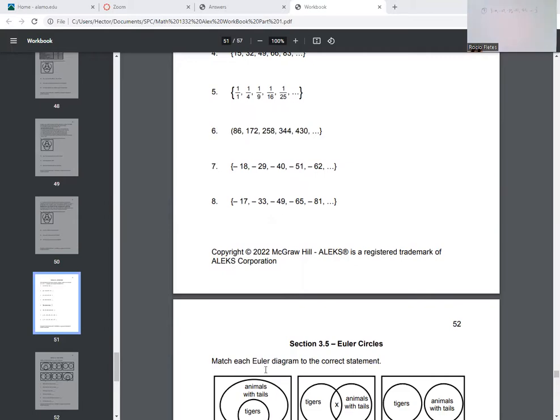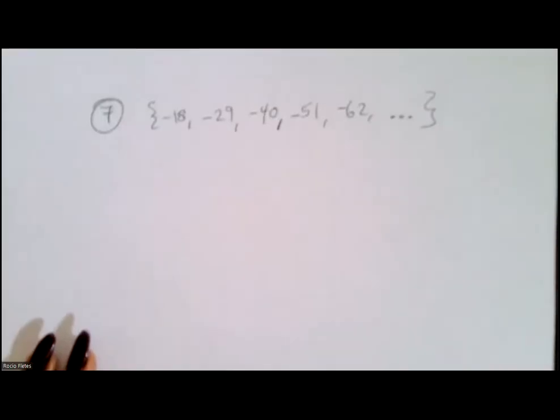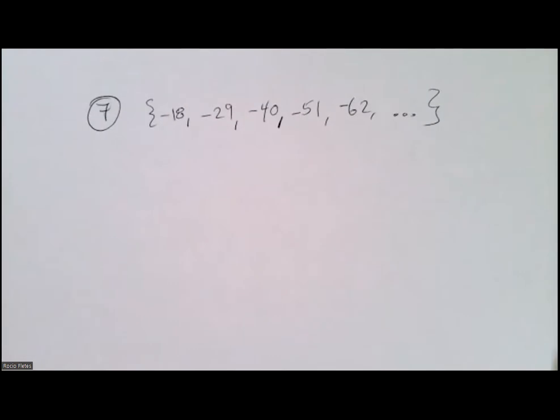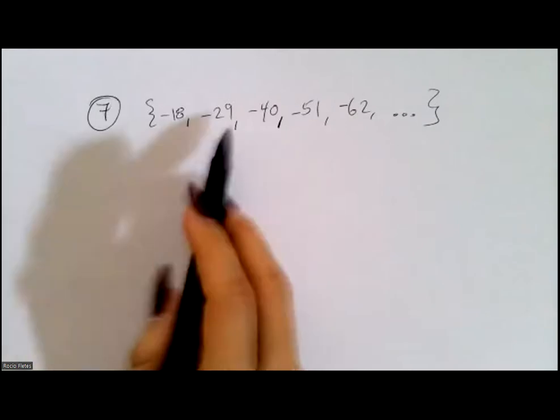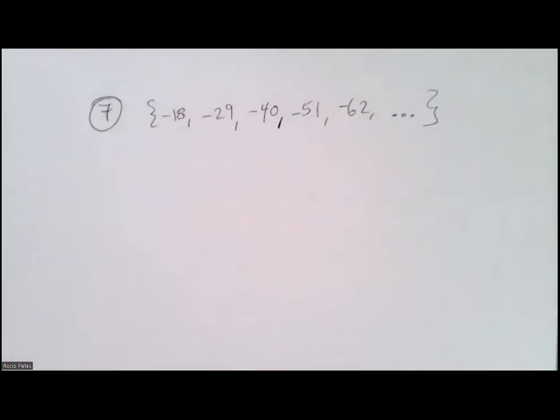We first have to see what the difference is between each of the numbers here. So if you look at negative 18 and negative 29, how many units apart are they?